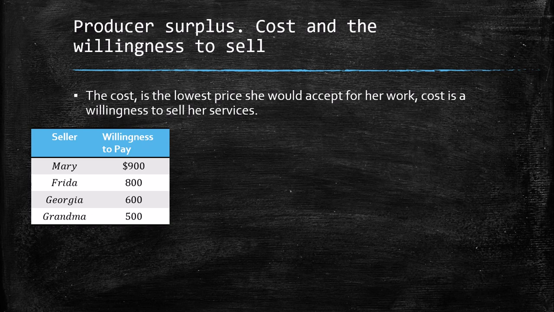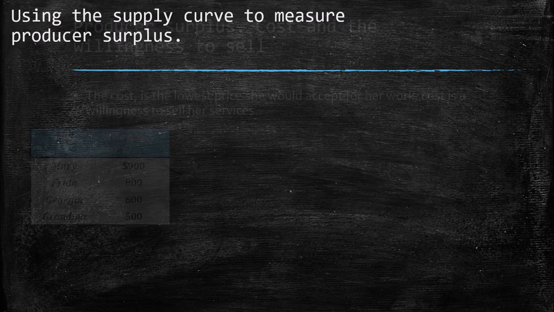In this case, Mari had the higher price for offering the painting services, 900, and it goes down until grandma. If they hire her, they will pay for example 600. It would be perfect for grandma. She will have a producer surplus of 100. So basically the idea is the same as the consumer side.